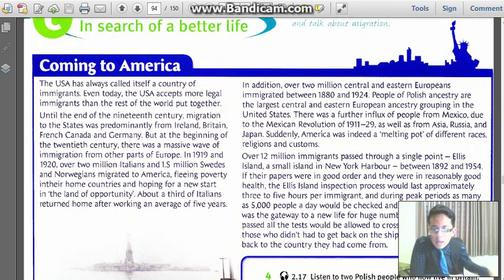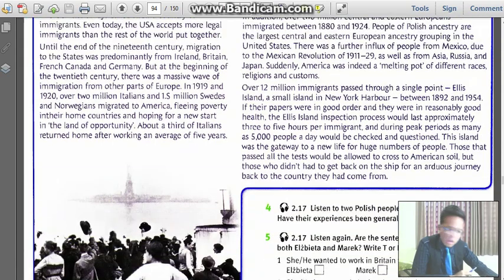It is in 1919 and 1920, over 2 million Italians and 1.5 million Swedes and Norwegians migrated to America.